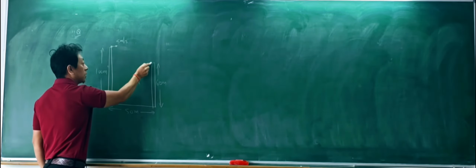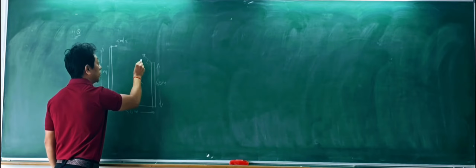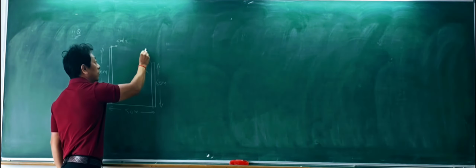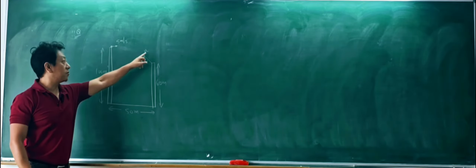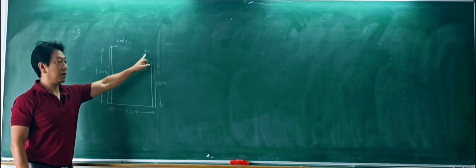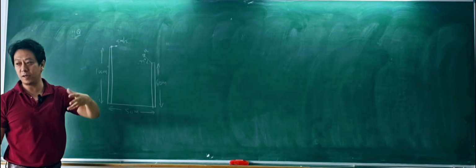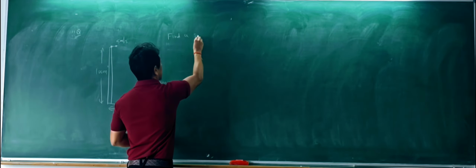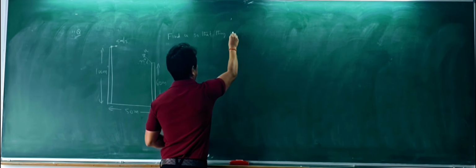And another particle is thrown from here at an angle 45 degree but with unknown velocity. Your job is to find this velocity, meaning direction is 45 degree, so you have to calculate only the magnitude. So you have to find u so that they collide.